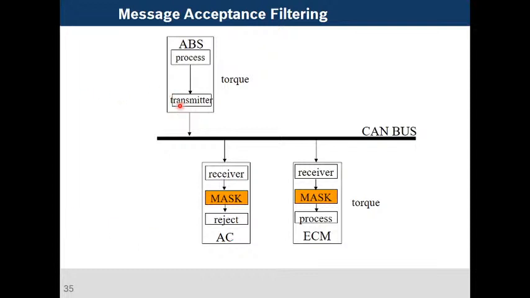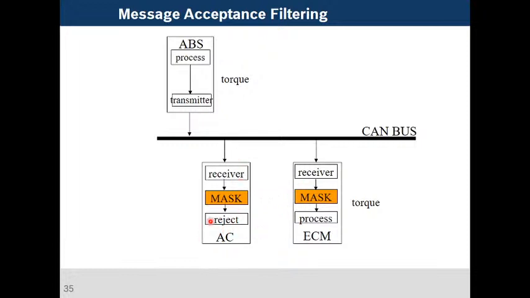Here the transmitter is ABS, which will send, and the AC and ECM ECUs have a mask, a filtering concept. Based on our identifier, the mask filtering will be defined in the ECUs.